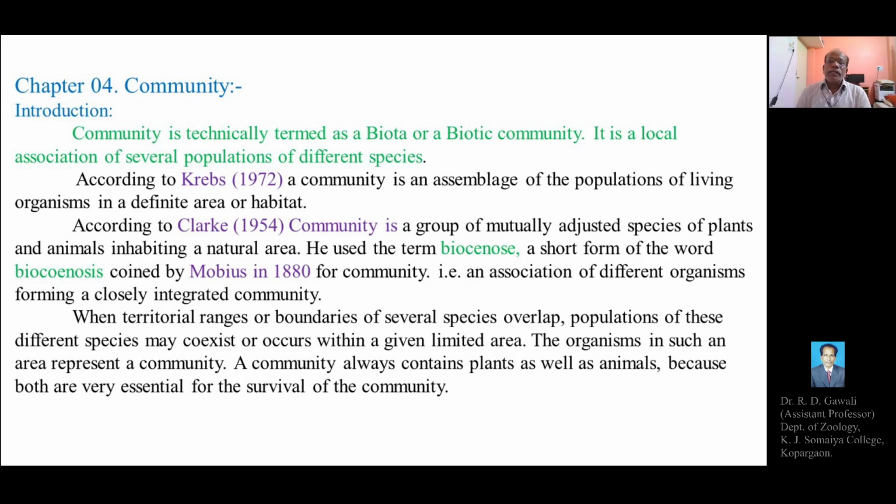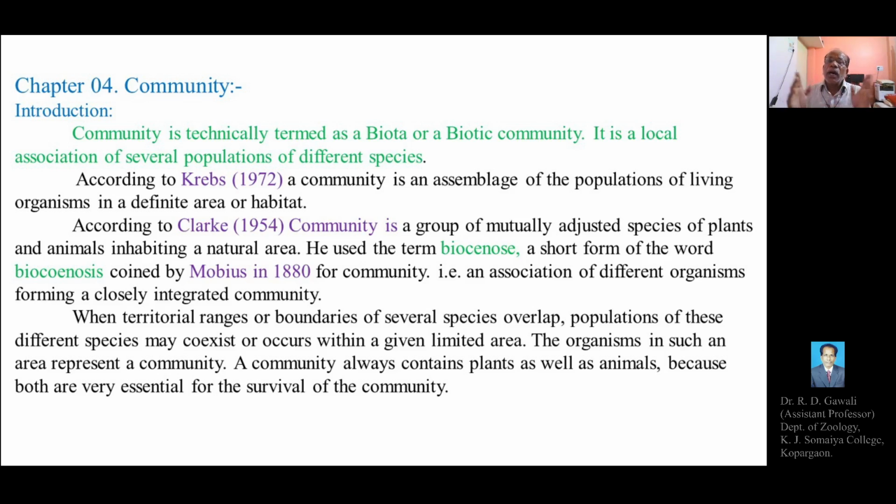When territorial ranges or boundaries of several species overlap, populations of these different species may coexist or occur within a given limited area. The organisms in such an area represent a community.